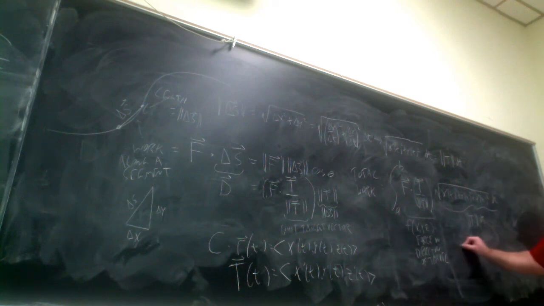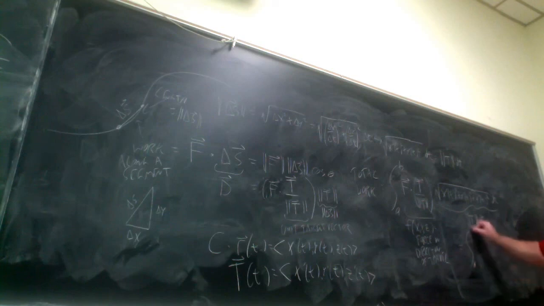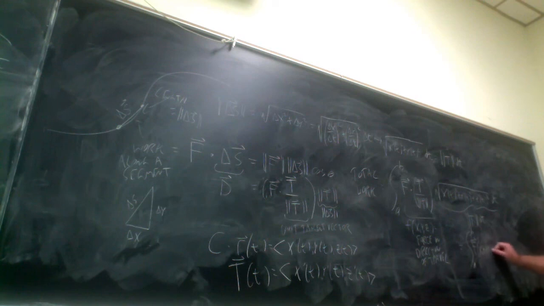So the total work is now just the integral of big F of x of t, y of t, z of t, dot product with the tangent vector itself, so dot x prime of t, y prime of t, z prime of t, dt.